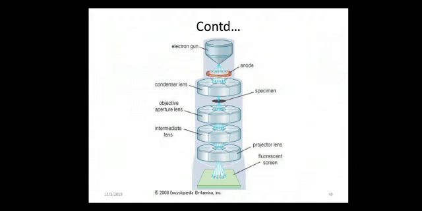As we can see, at the top side, it again consists of an electron gun and anode, condenser lenses, specimen, objective aperture, intermediate lenses, then projector lens and fluorescent screen. So this is the arrangement of the TEM.